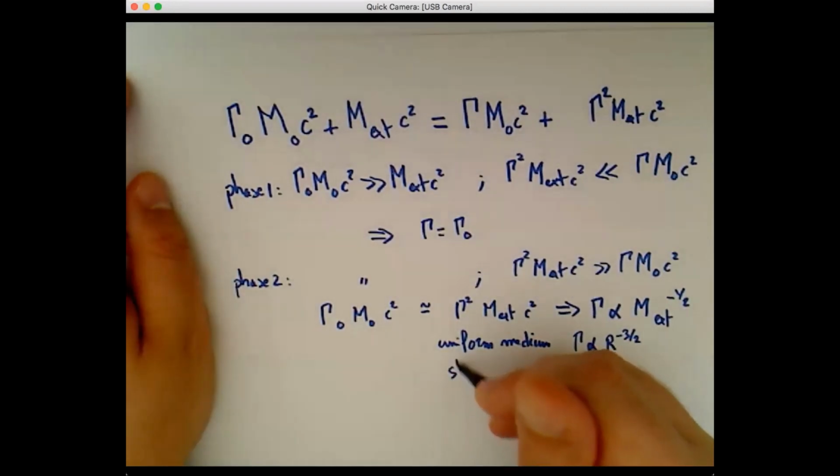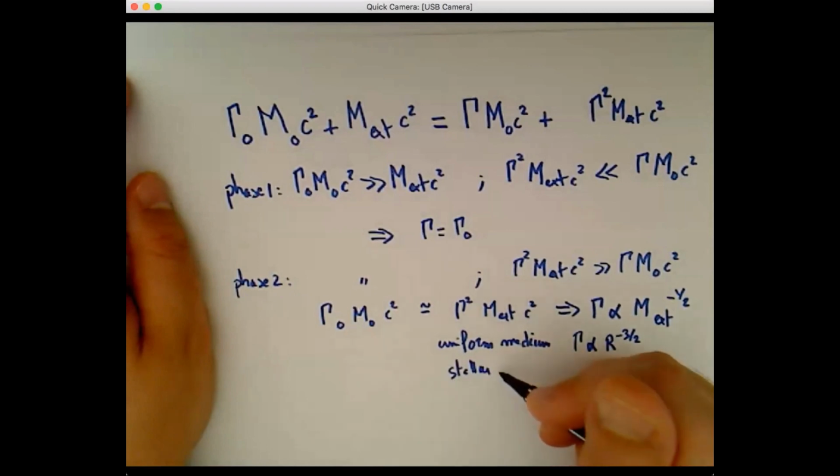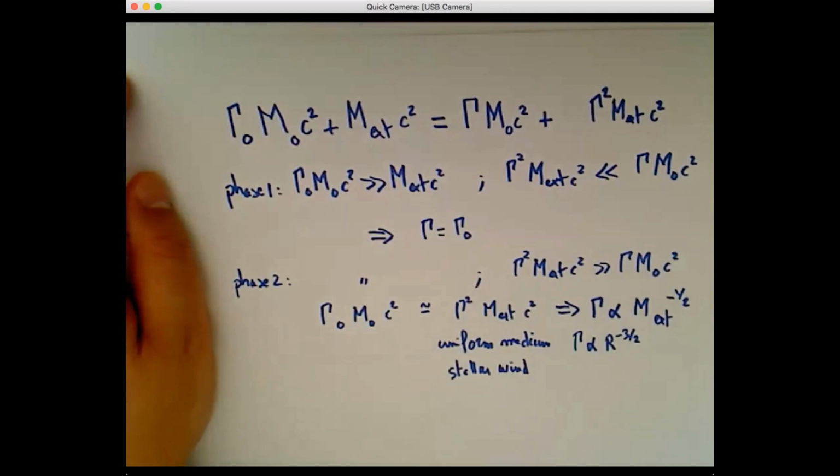If you have a stellar wind, which is possible for long GRBs which have massive star progenitors, then in a stellar wind, usually the density goes like 1/r squared, and then the mass just increases linearly with the radius. So you have this scale. Okay.